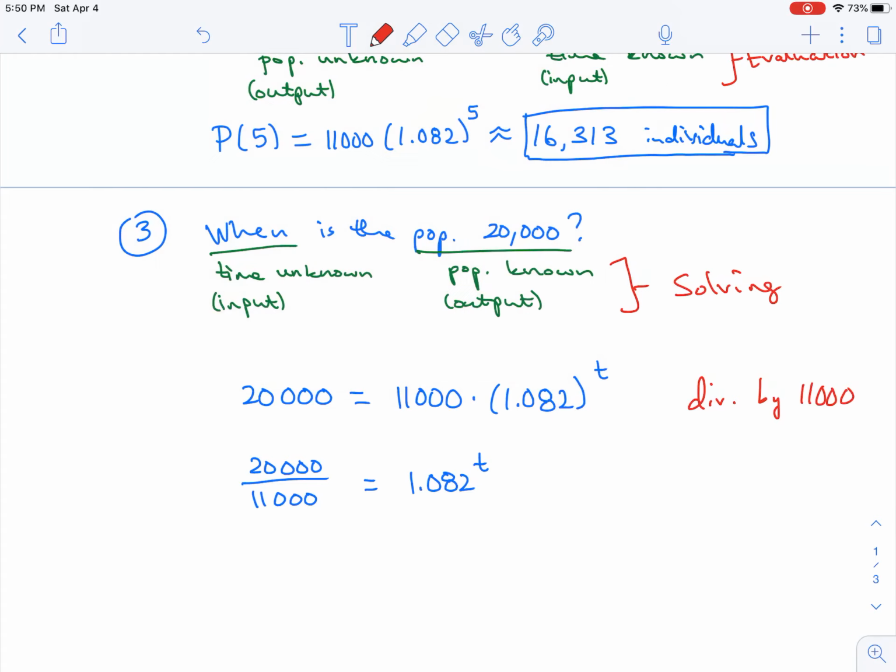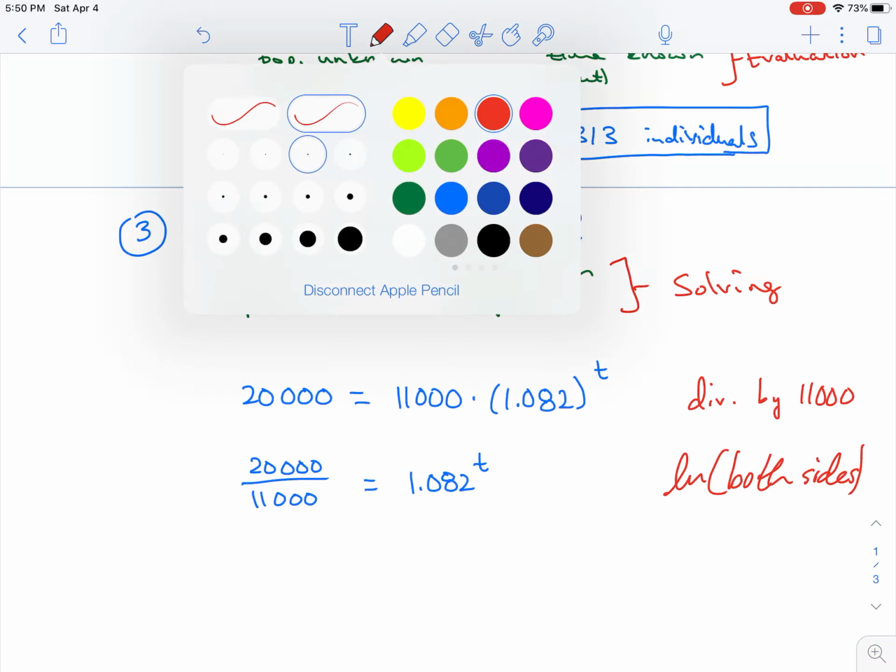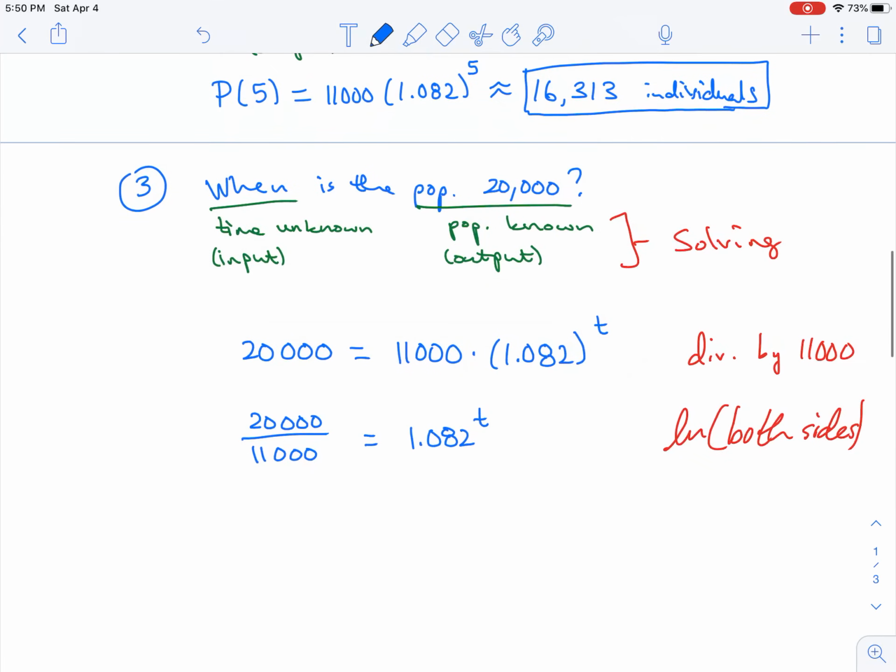Now we will log both sides. And what we have is log of 20,000 over 11,000 is equal to log of 1.082 to the t.